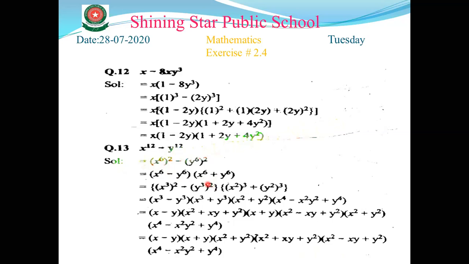Now again we can write (x cube) power 2 minus (y cube) power 2, because 3 multiplied by 2 is 6. Same here we do (x square) power 3 plus (y square) power 3. Why?